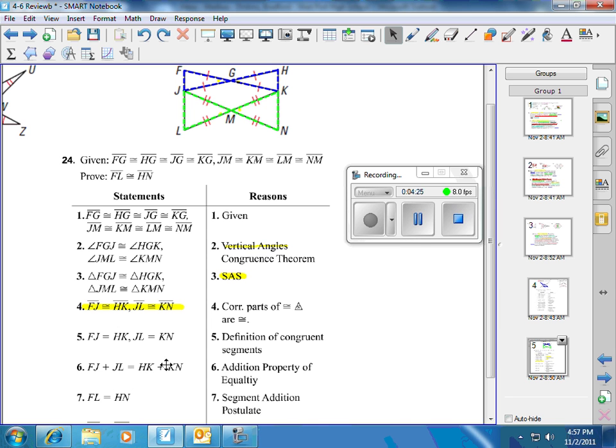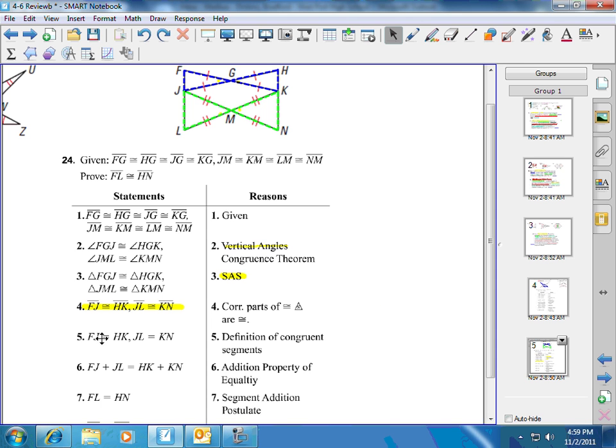There are different ways you could have written steps 6 and 7. I could have said by the segment addition postulate that FJ plus JL is equal to FL, and HK plus KN is equal to HN, and then used substitution to say that FL is equal to HN.